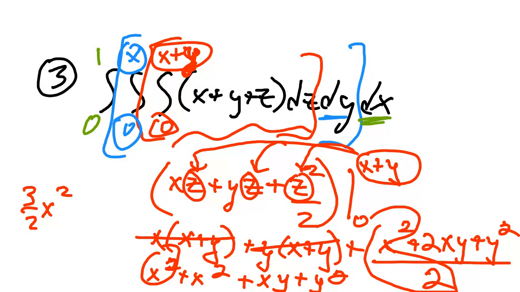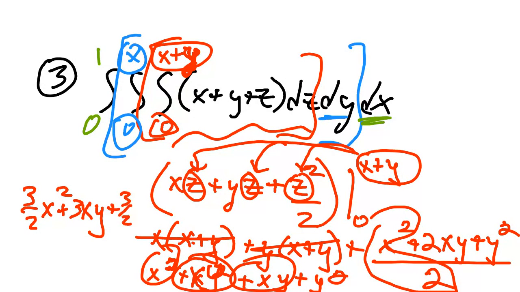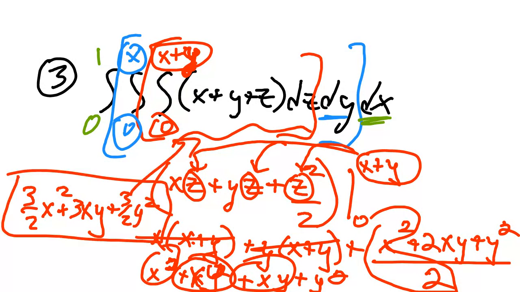Wait a minute, what? x squared plus xy. Where did that come from? Okay. Anyway, plus xy is plus 2xy, plus another xy is plus 3xy, I think. And then plus y squared plus 1/2 y squared is plus 3/2 y squared.